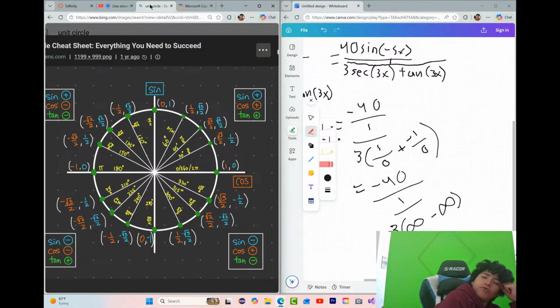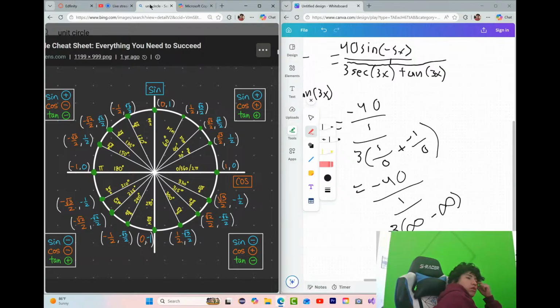So we have 1 over cosine of 3 pi over 2, and there's 0. 1 over 0 plus sine of 3 pi over 2, negative 1, over cosine of 3 pi over 2, which is 0. 1 over 0 is infinity plus negative 1 over 0.